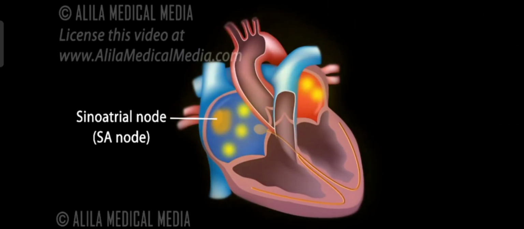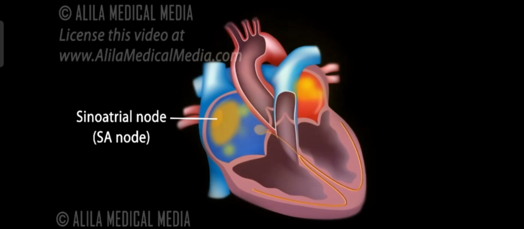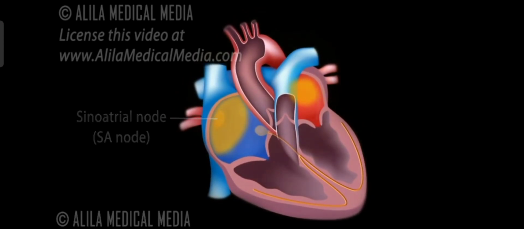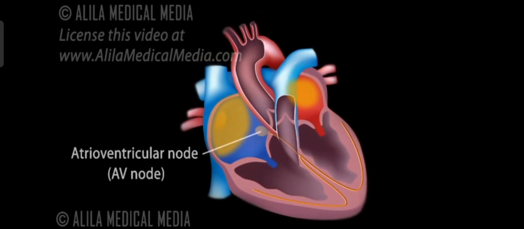Here you can see at the top of the right atrium the SAN, the sinoatrial node, and at the lower side of the right atrium the AV node, the atrioventricular node, AVN. The SAN is called the pacemaker because it generates the action potential. You can see the yellow color patch, where the SAN has activated and the action potential is generated. From the SAN it is transferred to the AVN, from the top to the bottom.